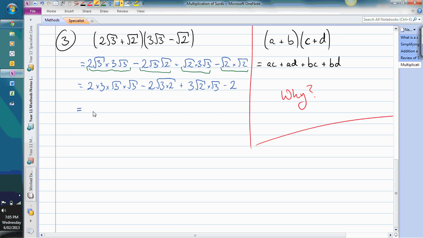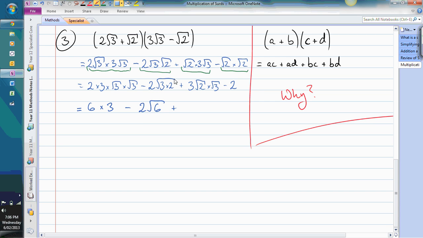Alright, next line. 2 times 3, that's just going to be 6. And looking here, the square root of 3 times the square root of 3, just like over here with square root of 2 times square root of 2, this is just going to be equal to 3. I'll come back and finish that off on the next line. Here I've got a 3 times 2, so 2 square root of 6.